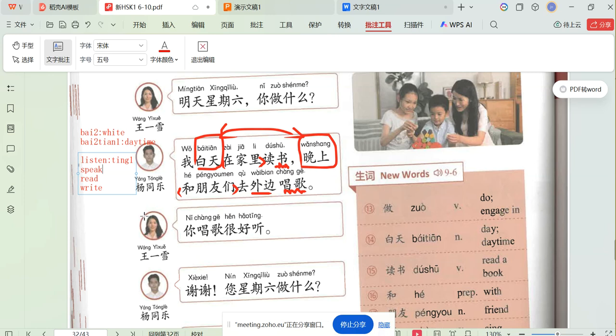If you forget, please read after me. Do the same action. Use your finger to point to your ear. 听. Can you still hear me?